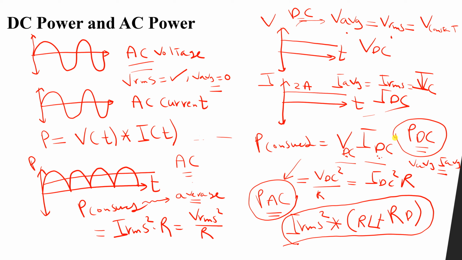That's why we have something called the efficiency of rectification, which we will learn in the next lessons. But for now, when we ask how much real power is consumed through the resistor, we are talking about all of the power consumed.